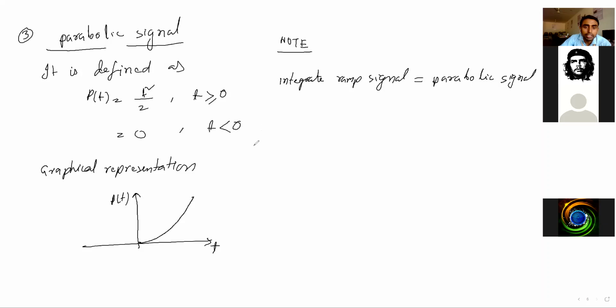If we double integrate the unit step signal, then also it will give the parabolic signal.